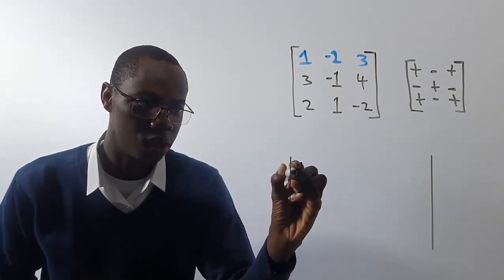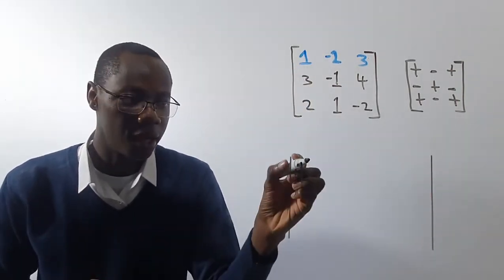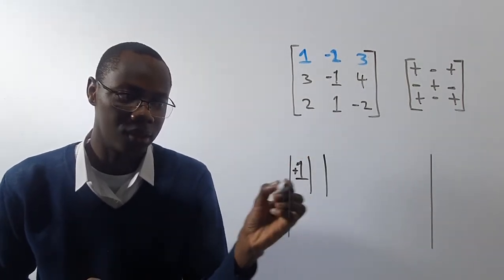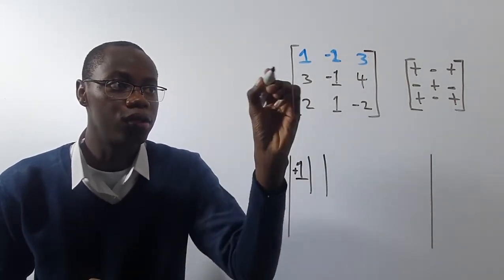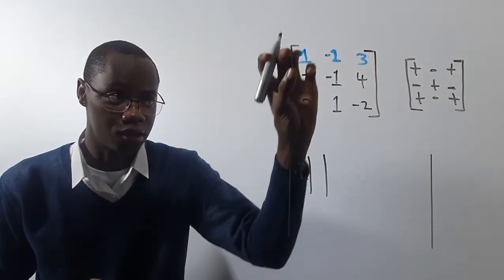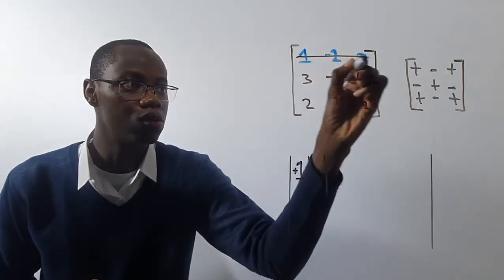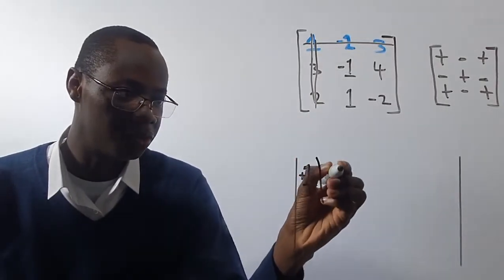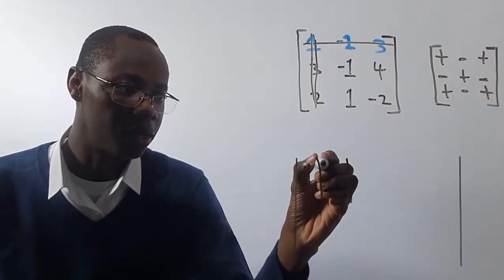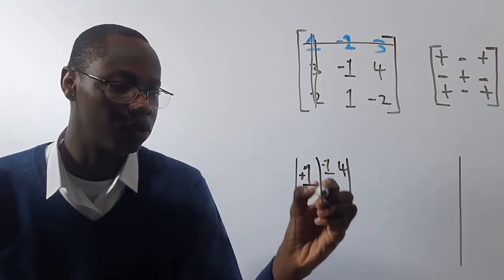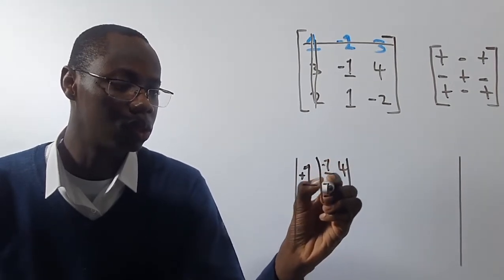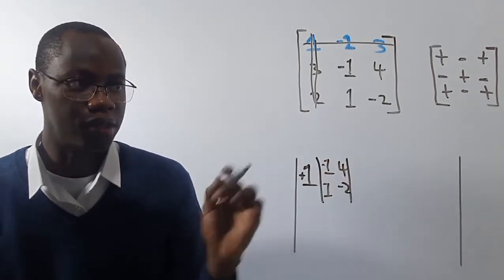And then what is the minor? Now the minor, all you need to do is just delete the row and the column associated with this one. And what are you left with? You are left with minus 1, 4, 1, and minus 2, like this.